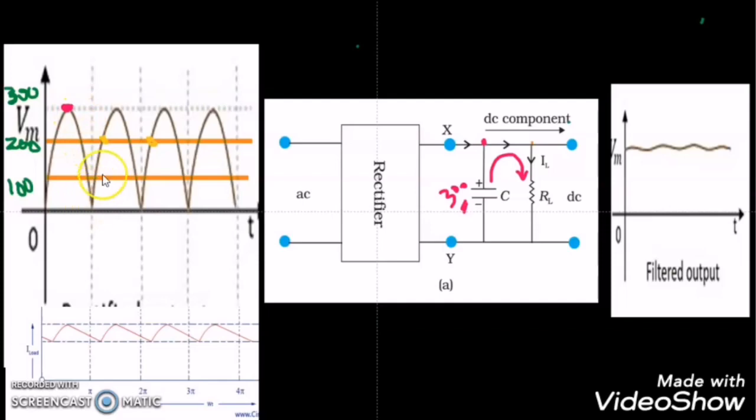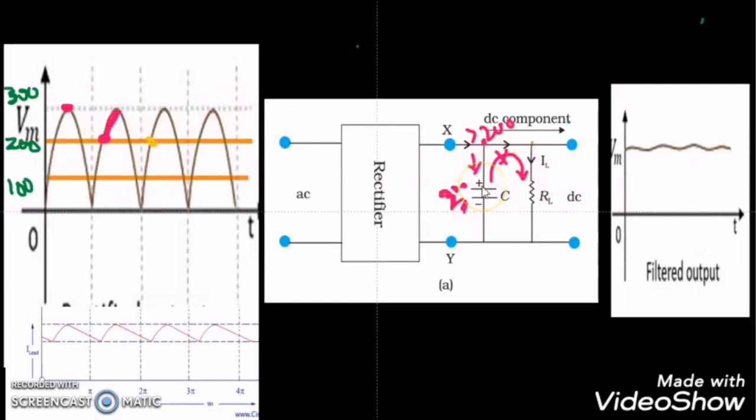Let's say when the capacitor discharges to 200 volt, the supply voltage becomes more than the capacitor voltage. Then the capacitor will start charging itself and there will be no current flowing through the load from the capacitor. So the load voltage will follow the supply voltage.